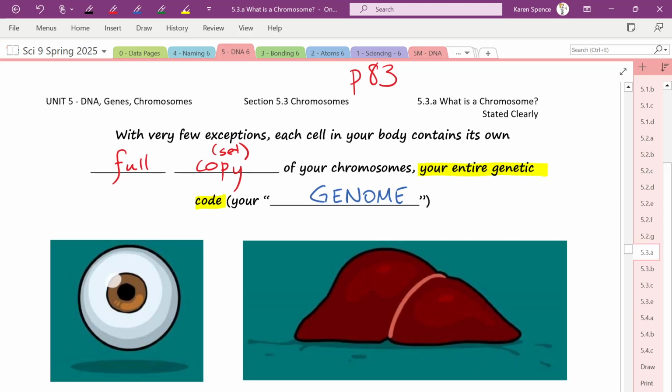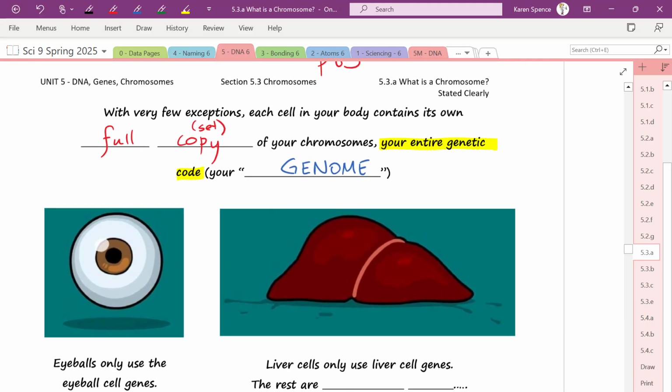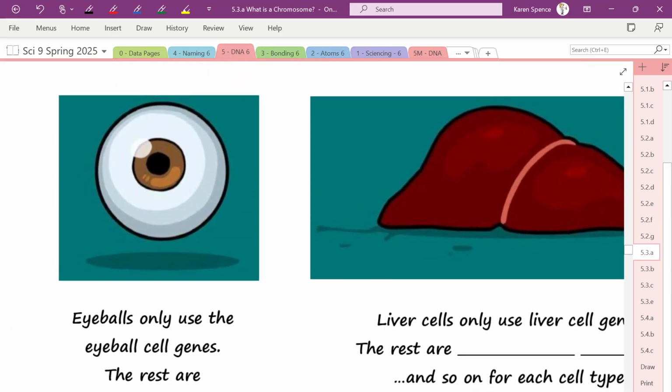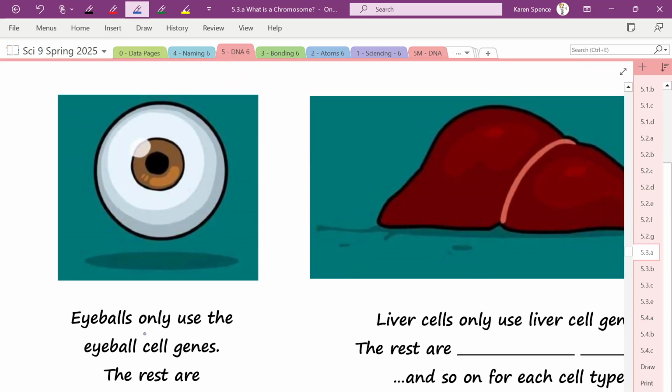So here's our eyeball, here's our liver. How is it possible that they all contain the same genome, but an eyeball acts as an eyeball and a liver acts as a liver? Well, it turns out that the eyeballs only use eyeball cell genes, okay?